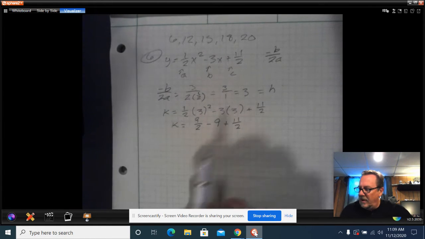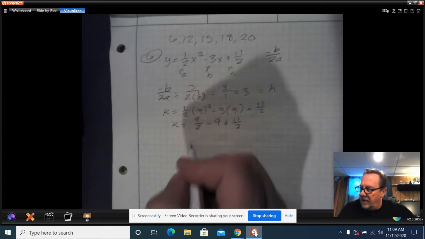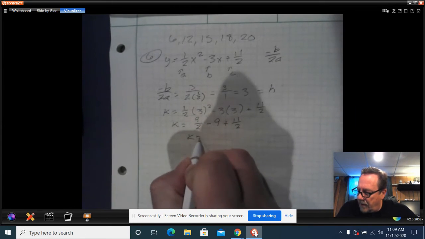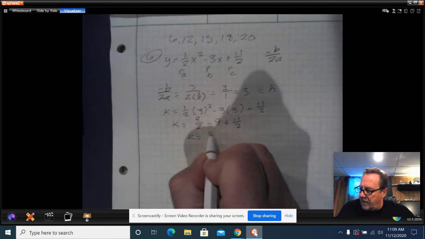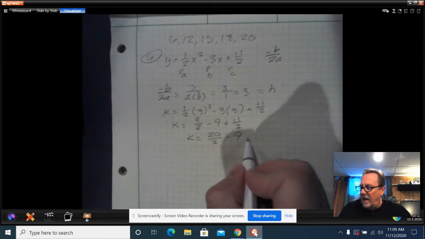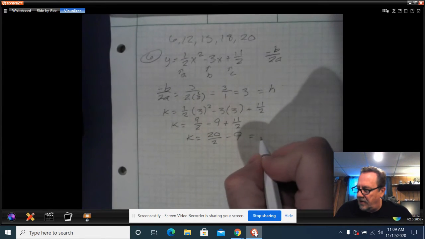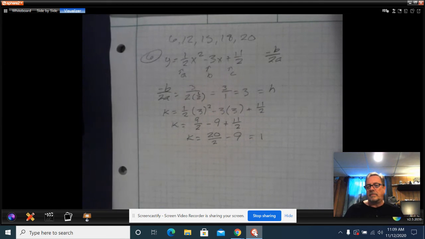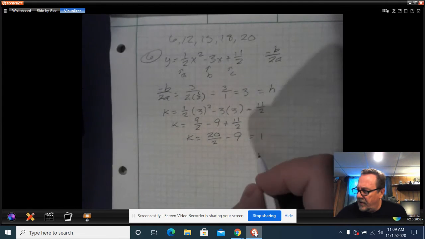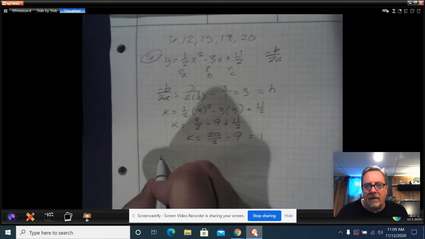Let's do the fractions together first. 9 halves and 11 halves is going to be 20 halves. But 20 halves, or 20 divided by 2, is just 10. So that's 10 minus 9, which is going to give us 1. So this is our k.